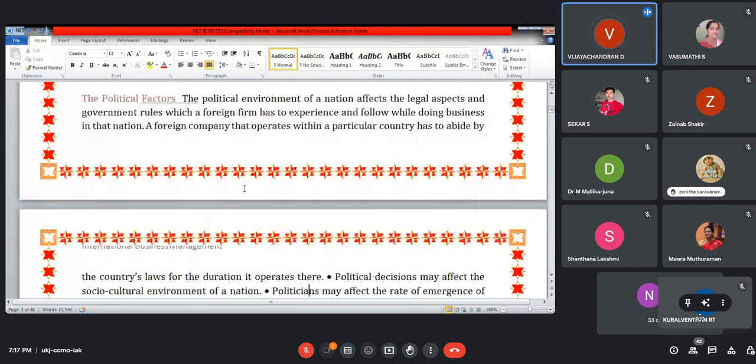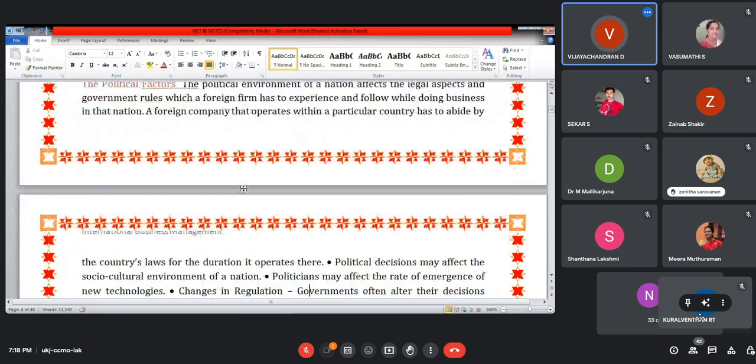What are the political factors in international trade? There will be restrictions in the form of legal policies, the law of the nation, the government rules. These acts and laws must be obeyed by foreign companies.